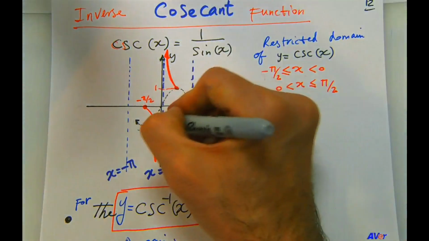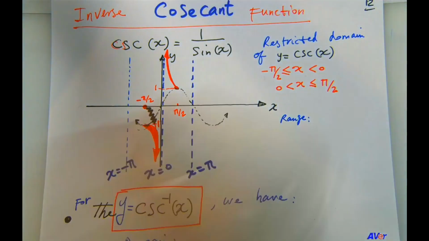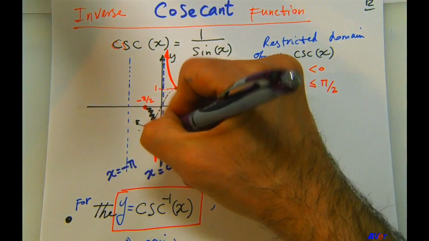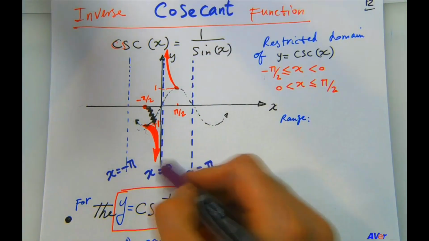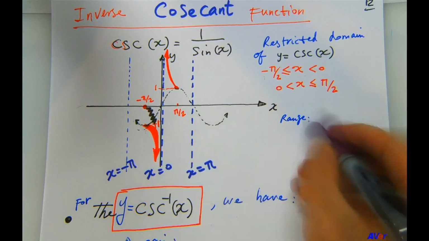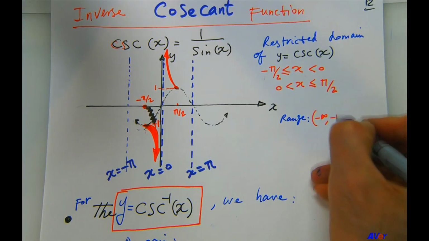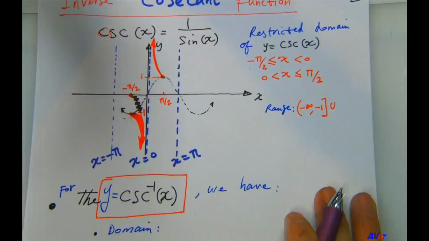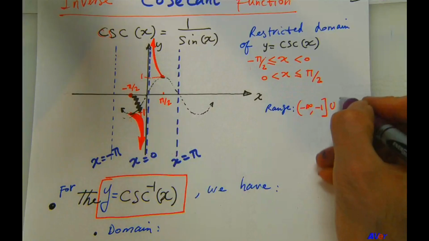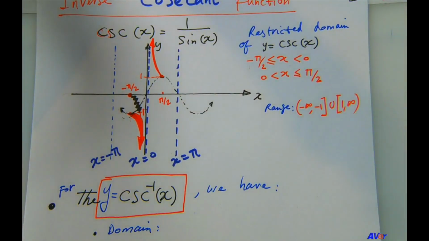This is the piece that is that. So it's coming from negative infinity to negative 1. So the range is negative infinity to negative 1 bracket union 1 to positive infinity parenthesis.